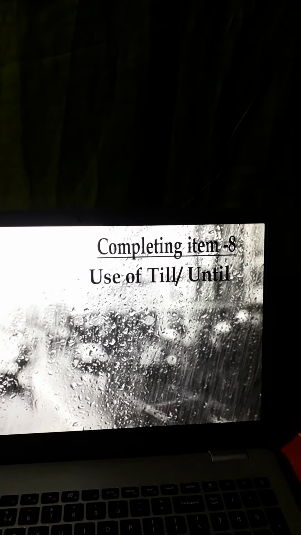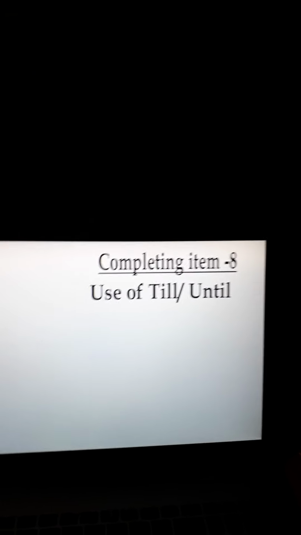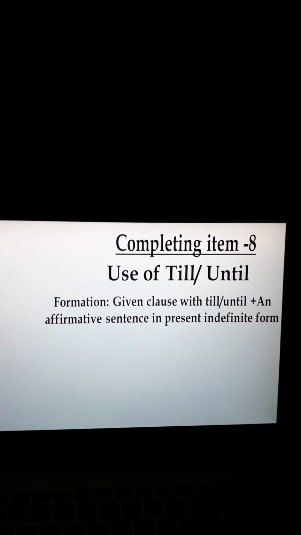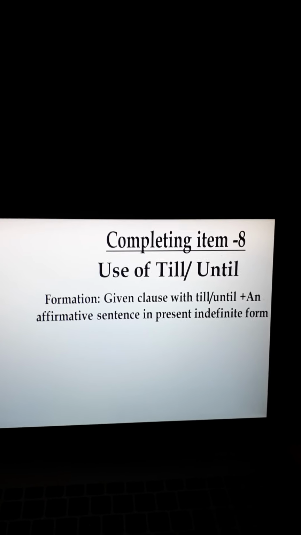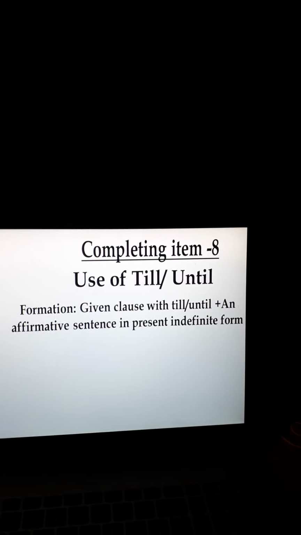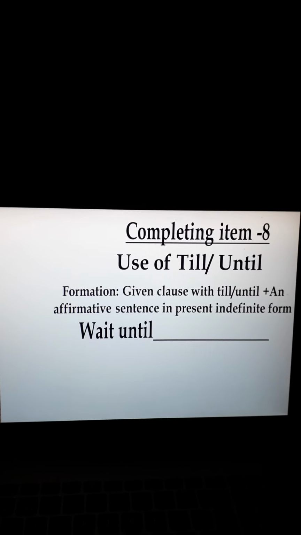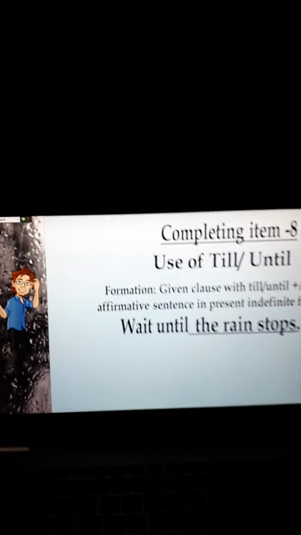Completing item 8. Use of till or until. Formation: given clause with till or until plus an affirmative sentence in present indefinite form. Wait until dash the rain stops.